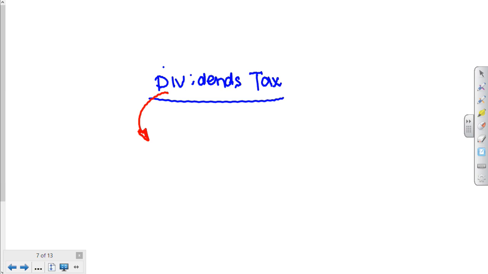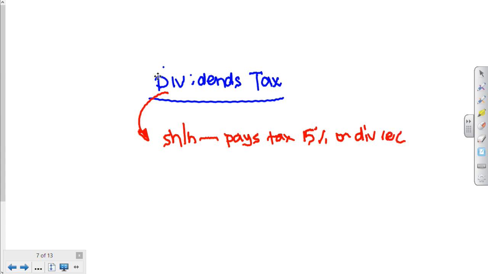So what is dividends tax? The shareholder pays tax of 15% on dividends received. It's actually discouraging, isn't it? Because that money's already been taxed in the company, and then they pay a dividend, and then the shareholder pays again tax on that same money. So this is the dividends tax.